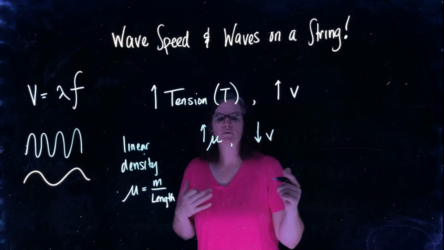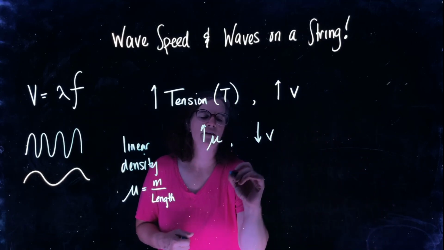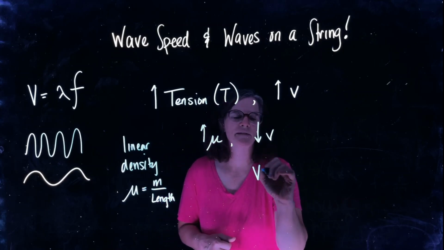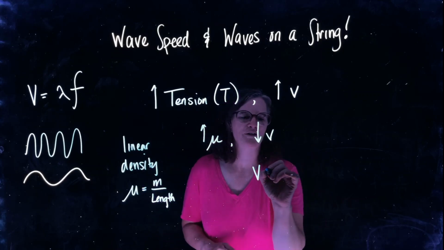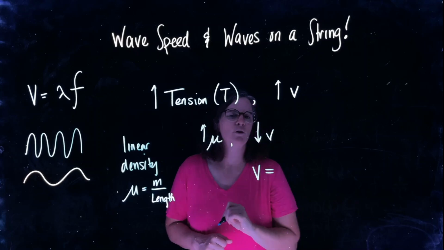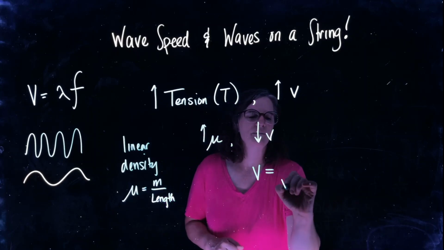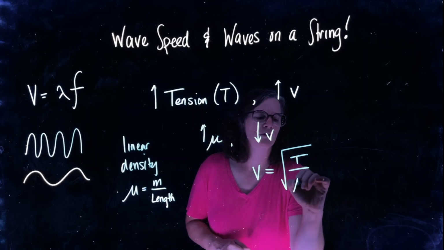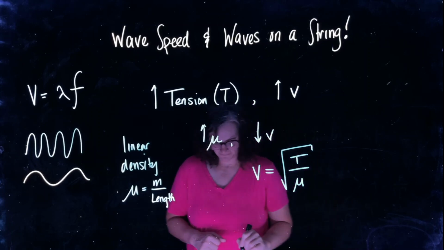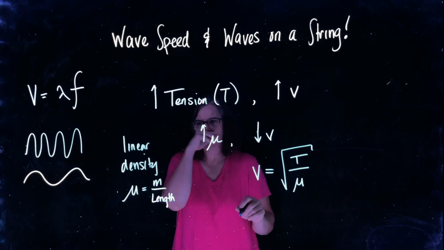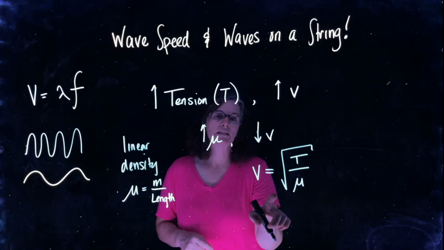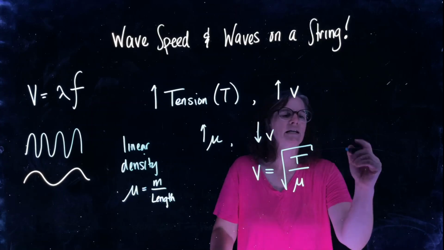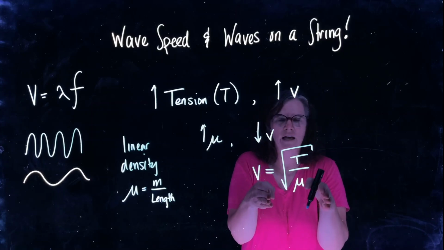And what this gives rise to is an equation for waves on a string that's going to be very useful for us as we solve problems of different waves on a string. The velocity for a wave on a string is given by the square root of the tension over the linear density. So this is one way dictated by the medium. Here's where it tells us how we define the velocity.